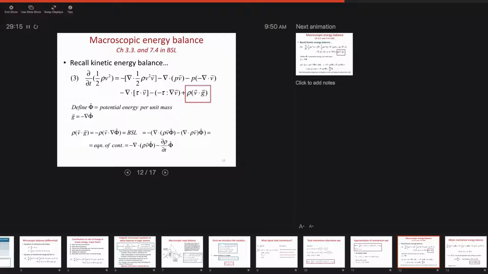And since phi doesn't change in time, I can look at this as the time derivative of rho times phi, and that's what can go into this term as potential energy. This is for any fluid. All I did is use the equation of continuity, which is valid for any fluid.